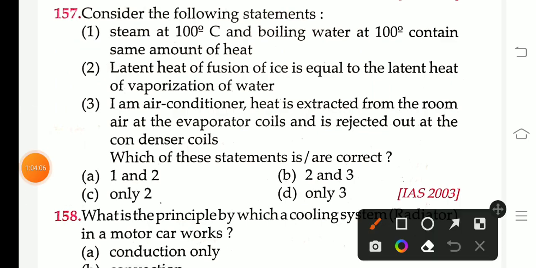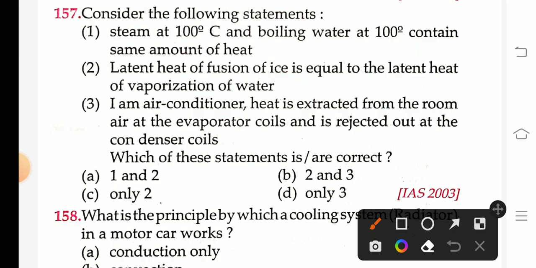Next. Consider the following statements. 1. Steam at 100 degrees Celsius and boiling water at 100 degrees contain the same amount of heat. 2. Latent heat of fusion of ice is equal to the latent heat of vaporization of water. 3.